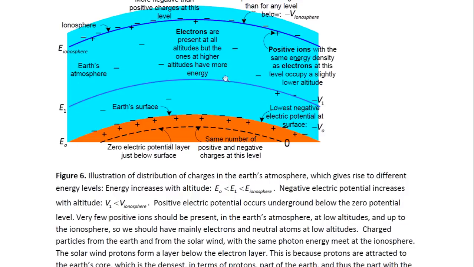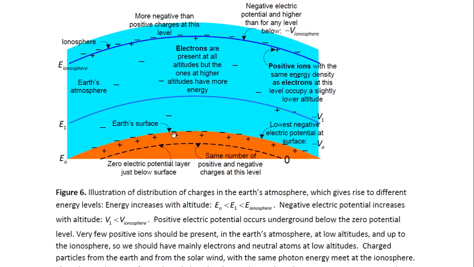Now, we also have different amounts of positive and negative charge at each level. At the surface of the Earth, we still have more negative than positive charges. But further up, we would have even more. So the number of negative charges at each level goes up as we move upwards.